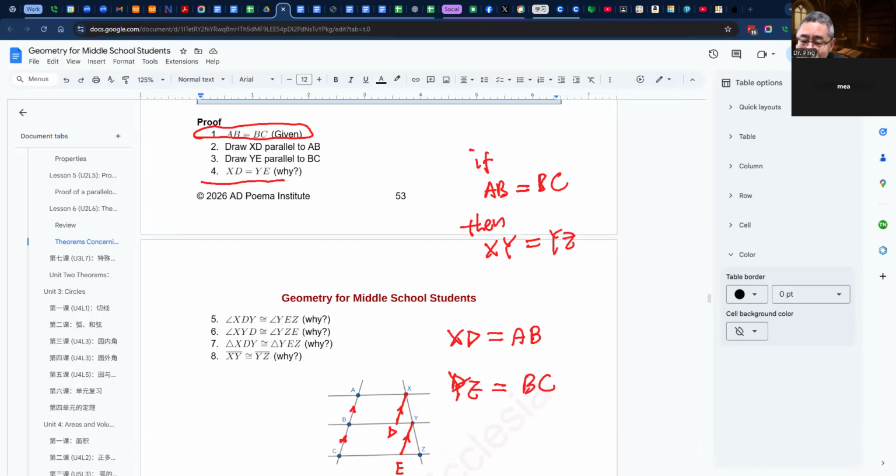Okay, let me add this line in there before that. XD is equal to AB, and YE equal to BC. Now, why is that? What do you think?